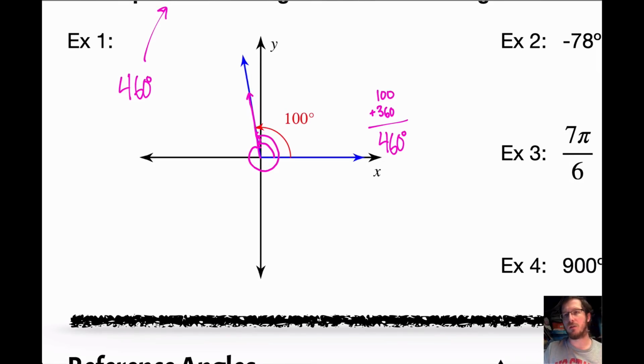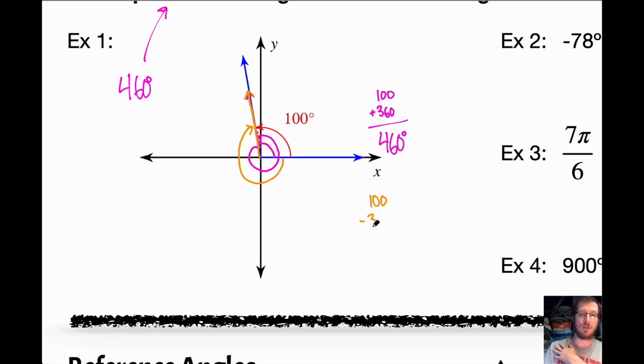All right, if we wanted to go negative, then we could go clockwise, again from that initial side in standard position, and end up at the same point in the same direction. To find out what that value is, we could take our original angle 100 and think about it like we are doing a full rotation clockwise from that 100 degree angle.